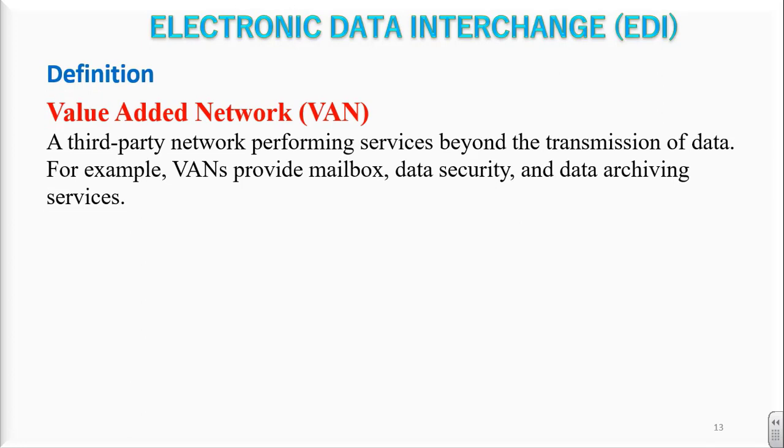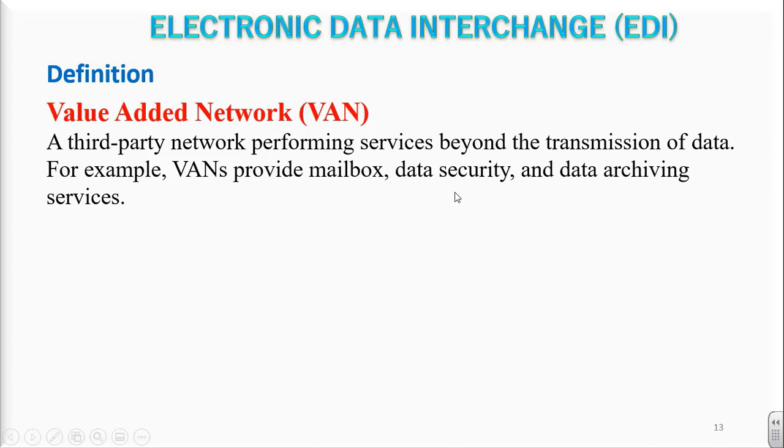Value-added network. A third-party network. In this case, who is third party? That intermediary organization is third party. A third-party network performing services beyond the transmission of data. In this case, the intermediary provides these services of value-added network. It not only transmits the data, it provides the mailbox for the information to store.